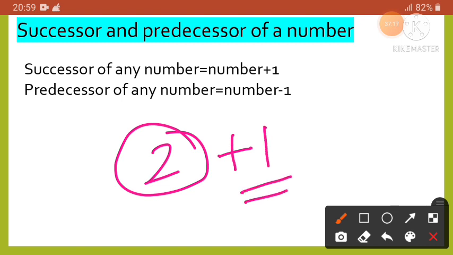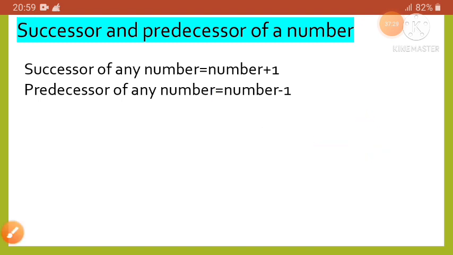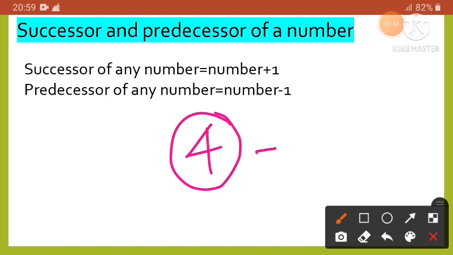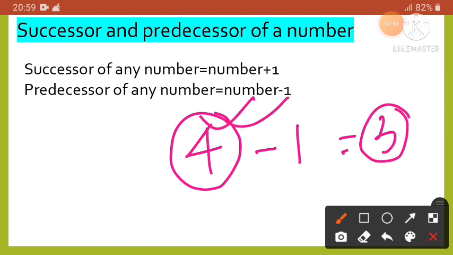So the successor of 2 will be 3. Got it? And what is the predecessor of any number? Suppose we have the number 4. You have to subtract 1, so it will be 3. So 3 is the predecessor of the number 4.